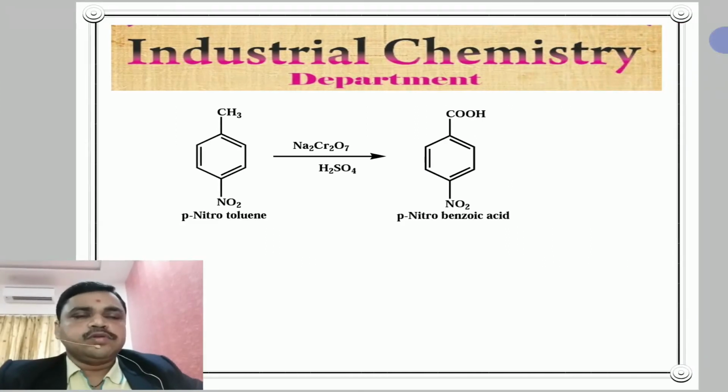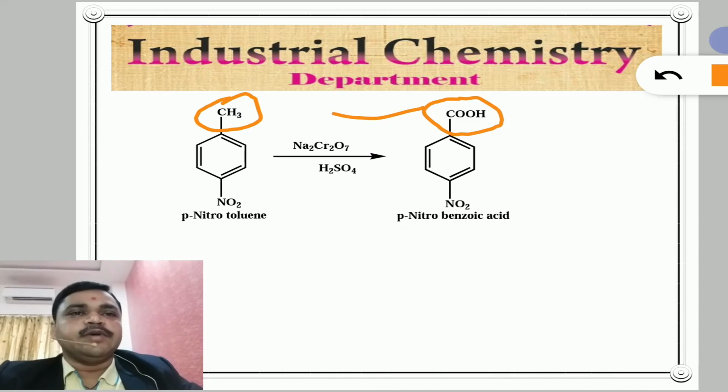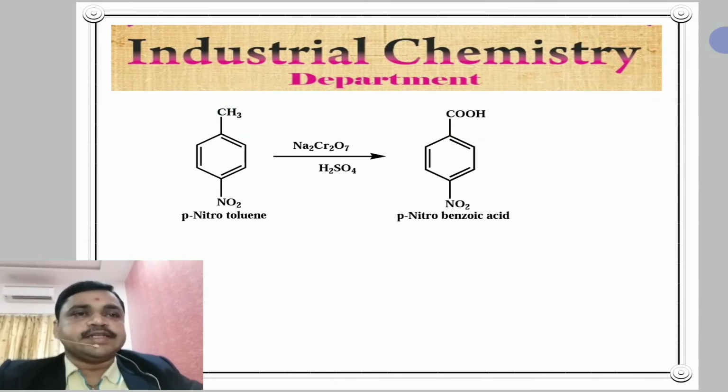So we see here an oxidation process. Our CH3 group is converted into COOH in the presence of sodium dichromate. We also call it an oxidation process.